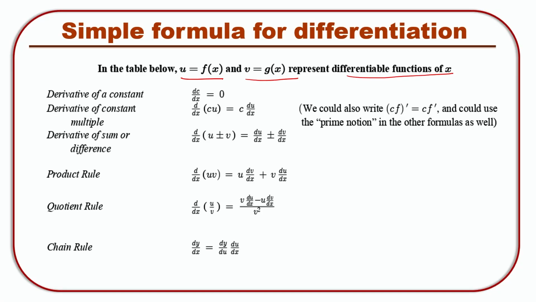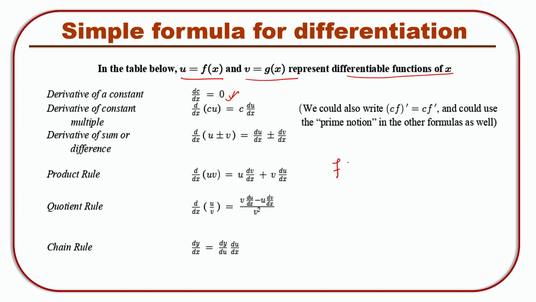So, take u equal to f(x) and v equal to g(x), and suppose that both these functions u and v are differentiable with respect to the independent variable x, right? So, what will be the derivative of a constant function? I will explore it for you so that you can grasp that it is not only a formula, but we can derive it very easily.